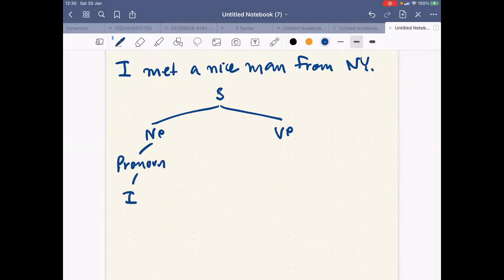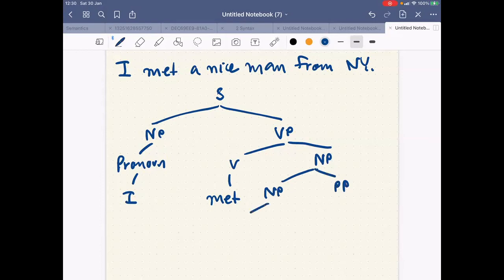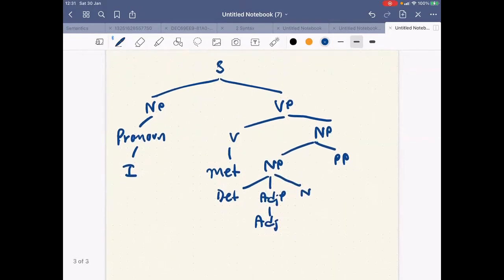The VP, we have met, which is V, and a nice man from New York is going to be NP, where I have NP and PP. The NP will have determiner, adjective first, adjective here, and then the noun.